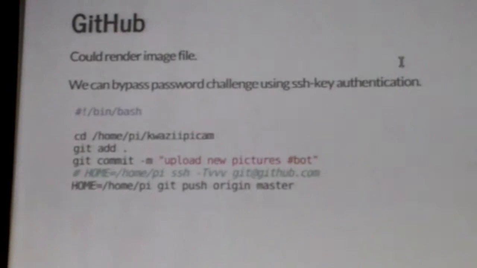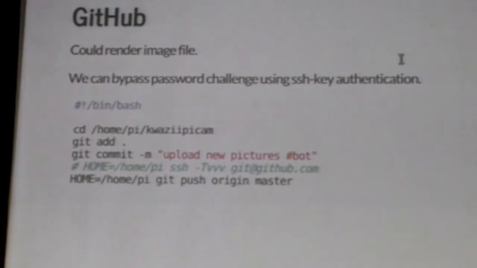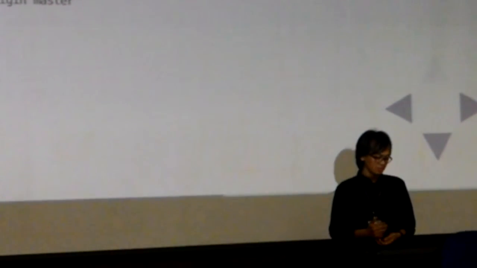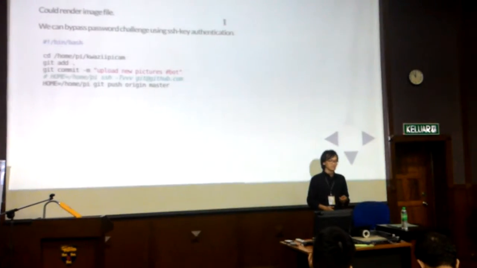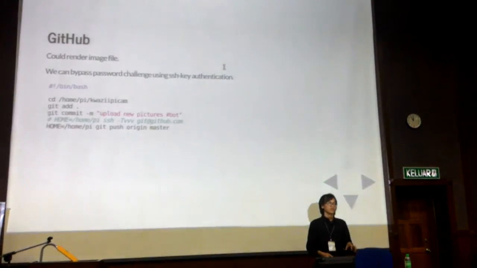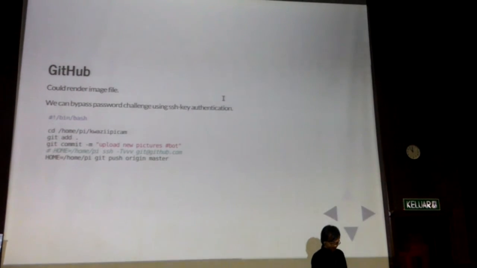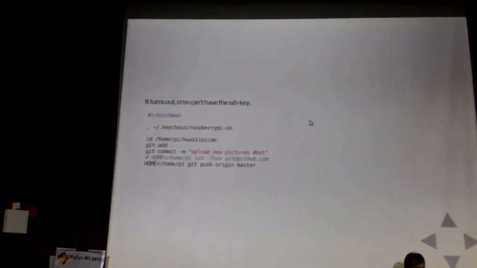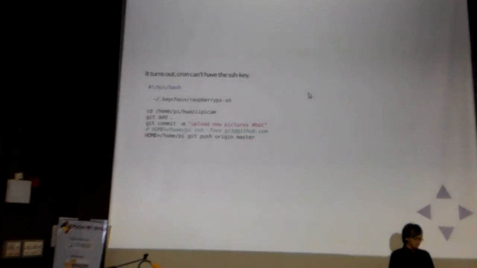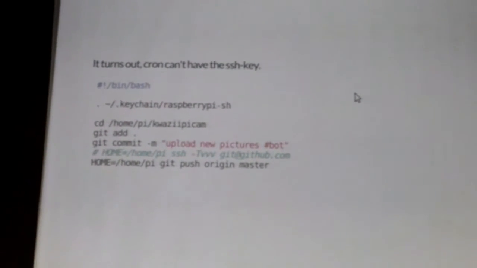Then I tried this script running on the cron, and the cron said that it doesn't have access to the SSH key. So I still needed to figure out how to make this script run successfully by the cron. It turns out the answer is I have to put the key in the keychain.